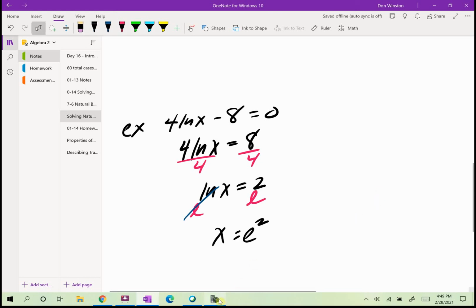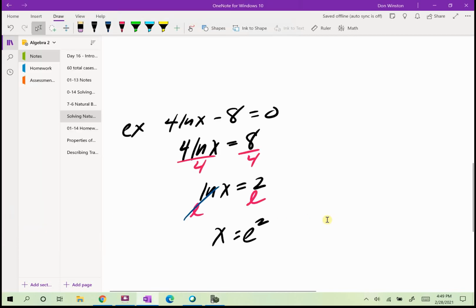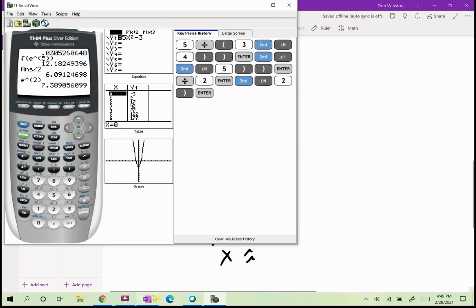Which will be, let's see here, e squared, so x is approximately 7.389.